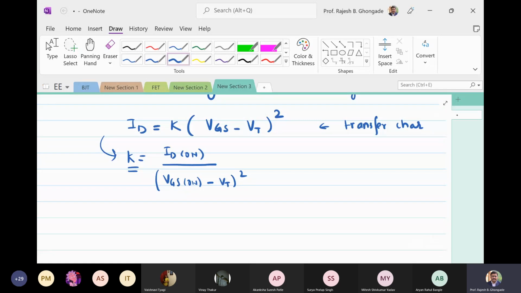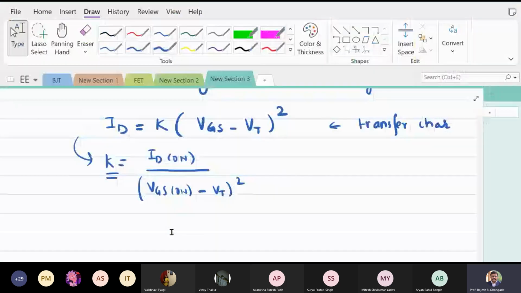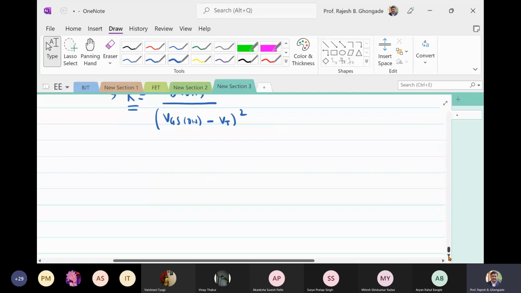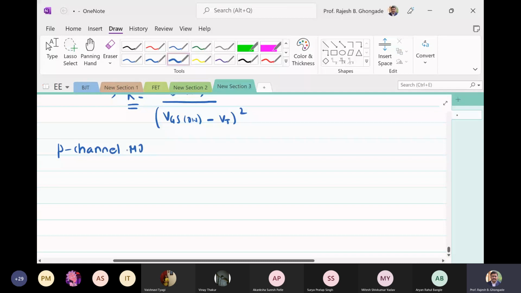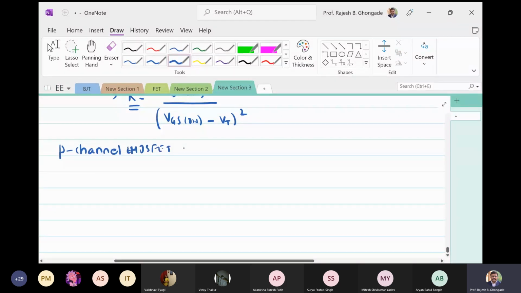Let us have a look at the P channel. N channel तो देख लिया हमने. Let's see if I have a P channel. So P channel E MOSFET characteristics.